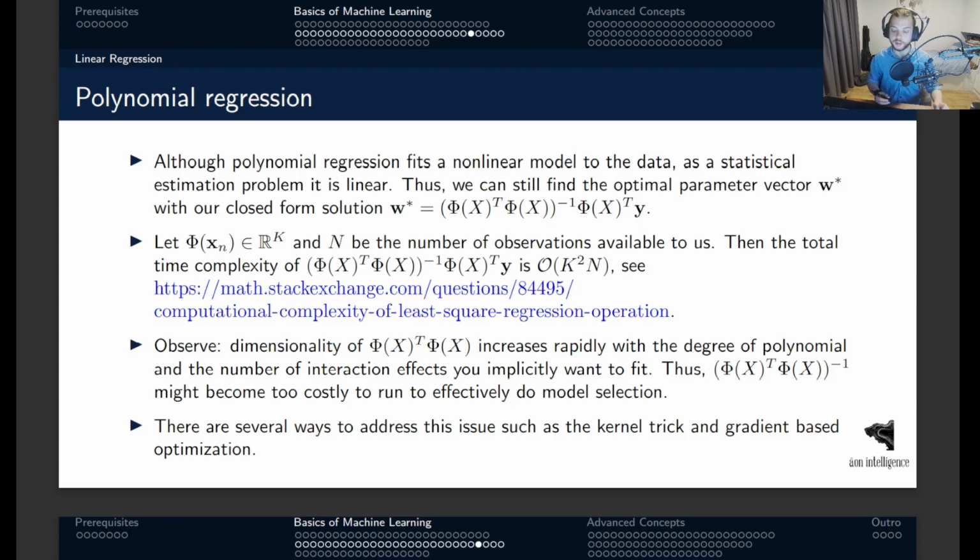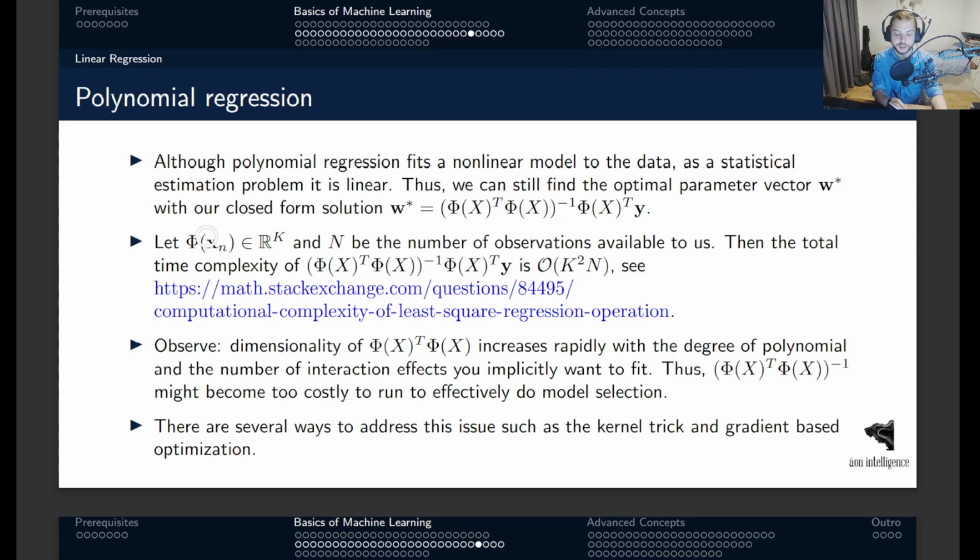It's still a linear combination, and our solution doesn't change actually. But instead of the plain X, we now have the feature mapped X in our solution formulation. I hope that you can recognize this solution. Nothing has changed really.